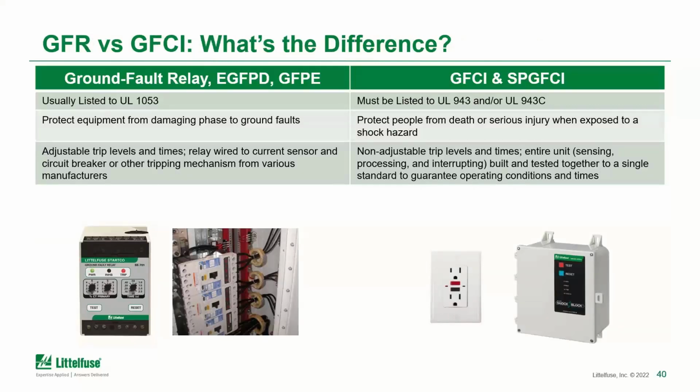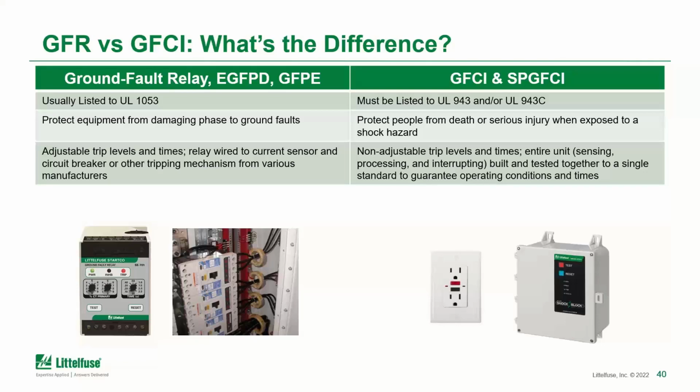So to put this into a basic summary of the overall GFCI category, which includes special purpose GFCIs and standard GFCIs together, what are the high level differences compared to the industrial ground fault equipment?